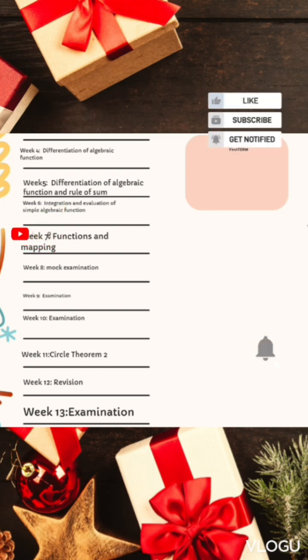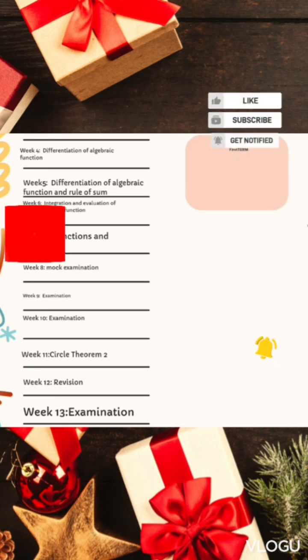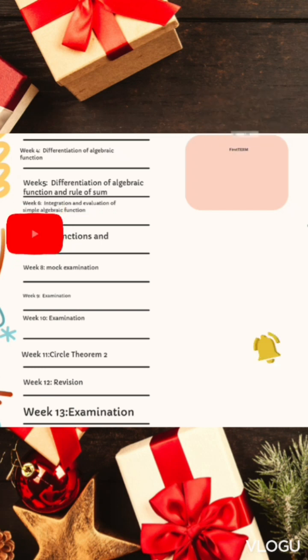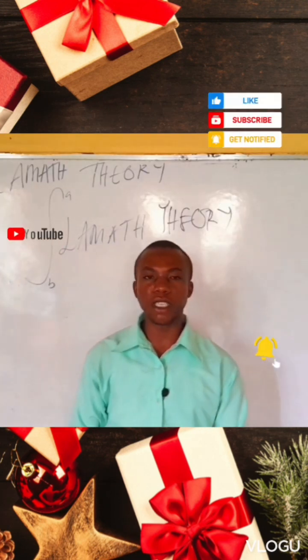Actually, SS3 doesn't go up to week 12 or 13, because around week 8 they are going to have their mock examination for their WAEC or NECO examination. They are writing their exam this year, so the scheme of work for SS3 stops at week 8, where they are going to prepare for their WAEC examination.